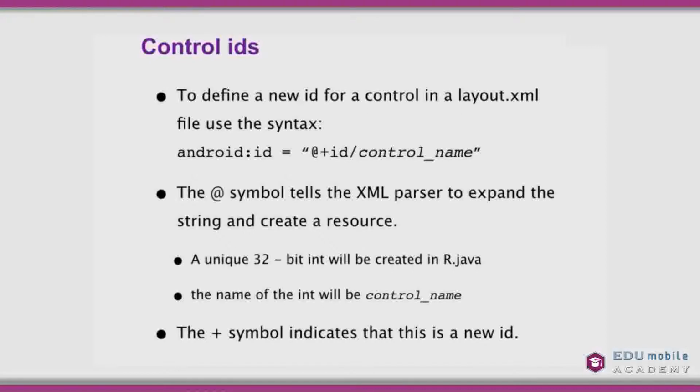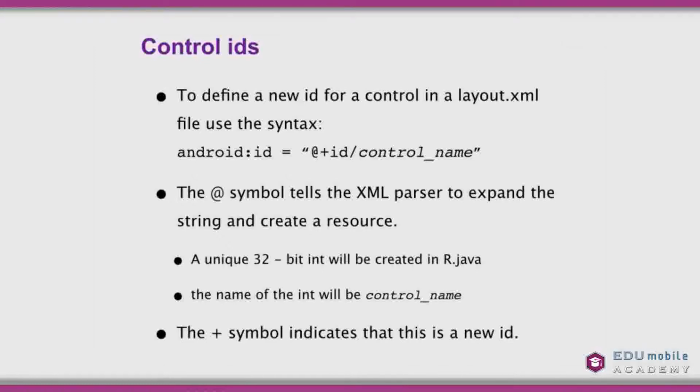The name of the int will be whatever control name we assign in this android:id string. The plus symbol says this is a new ID, and almost all the time we use that plus symbol within our XML files. We will cover the very rare cases when we don't use the plus much later.